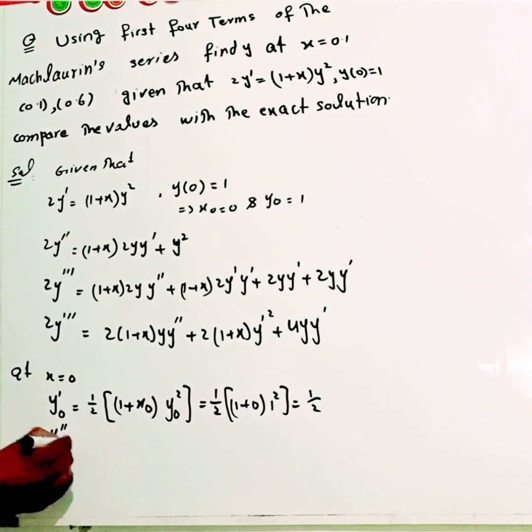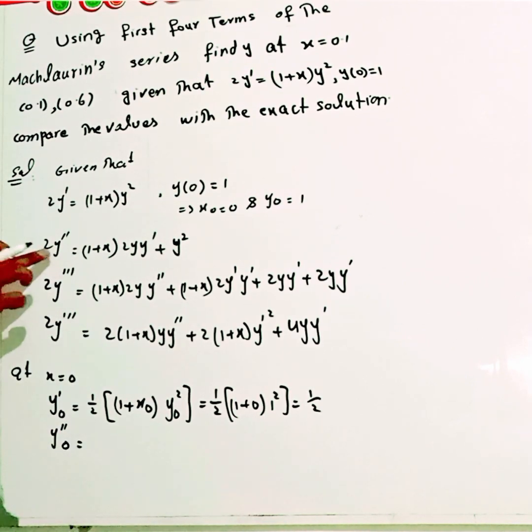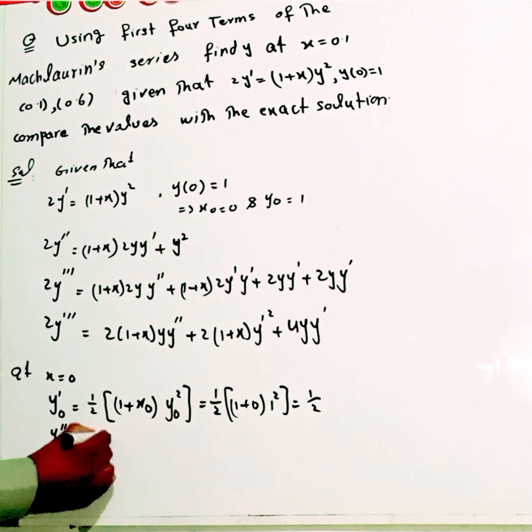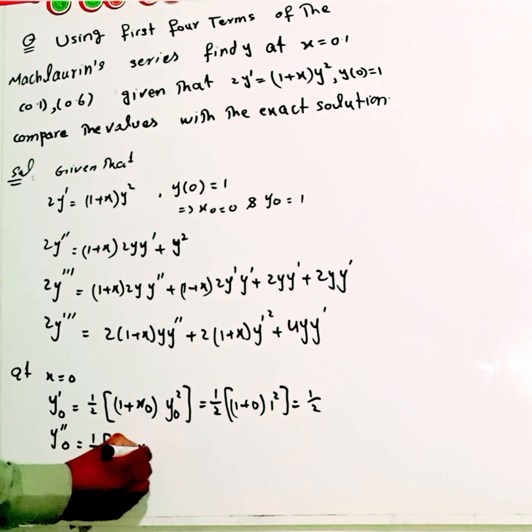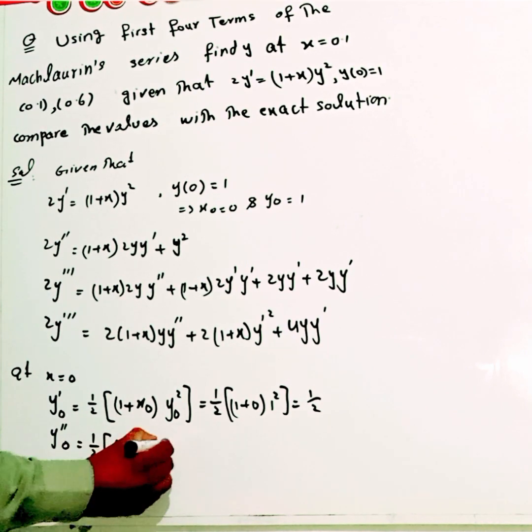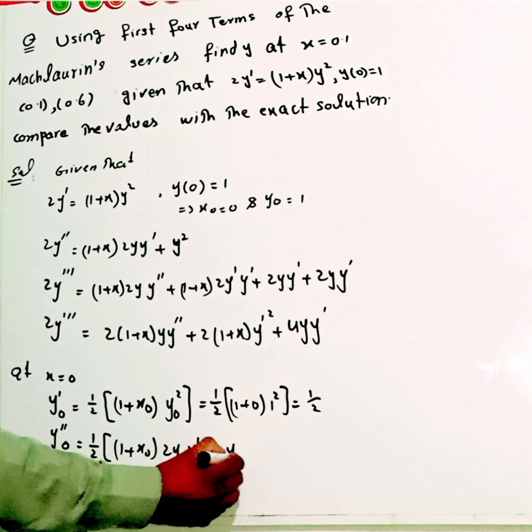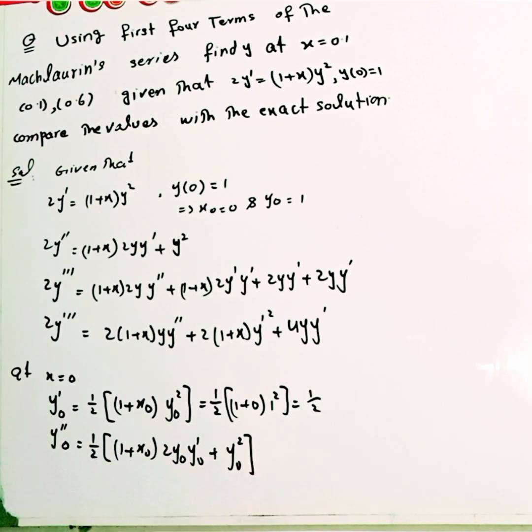Y double prime naught, from here we find the value, is equal to 1 by 2 into [(1 plus x naught) into 2 y naught y prime naught plus y naught square].